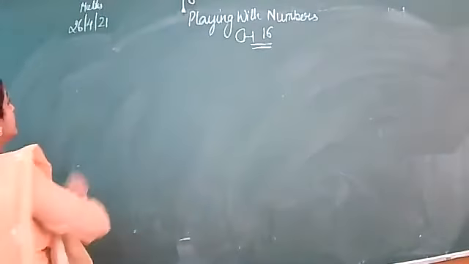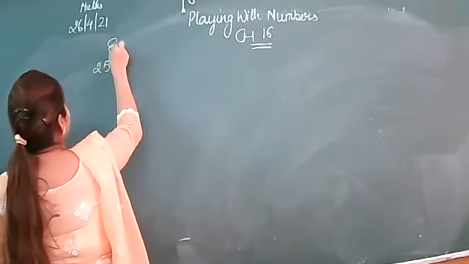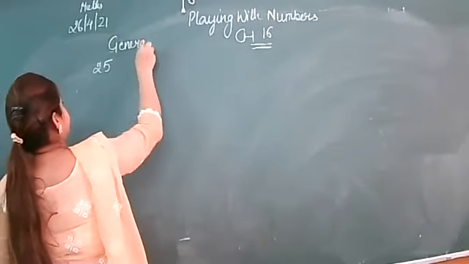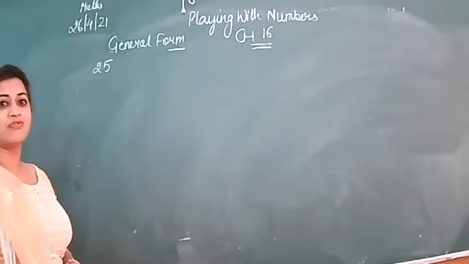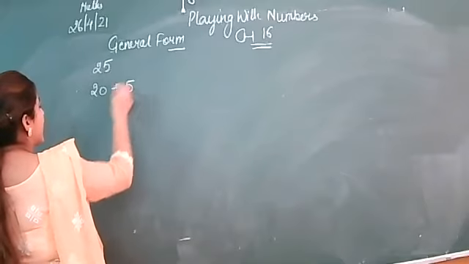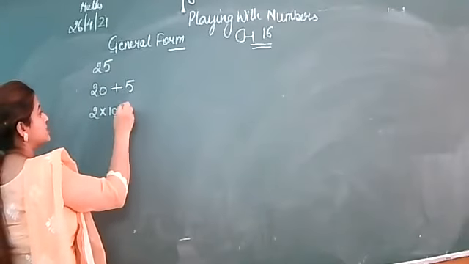If I write 25 here, how will you write this in the general form? I think I will write it as 20 plus 5. And 20 can be still broken up into 2 into 10 plus 5.